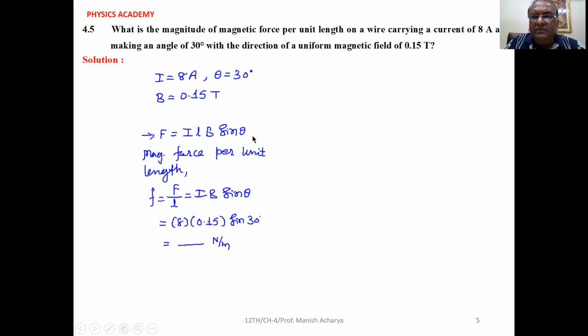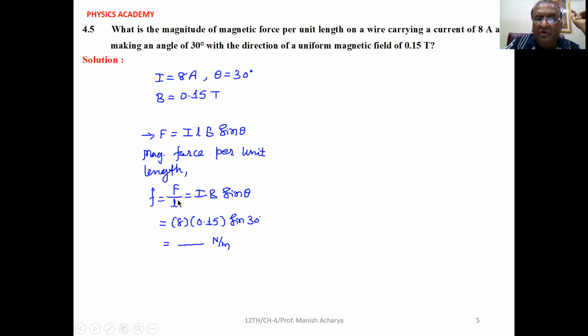Now, in theory, we derived the equation for the force acting on the current carrying wire in the uniform magnetic field, that is IL cross B. So magnitude wise, we can write that as ILB sine theta. For magnetic force per unit length, take this length to the left hand side.